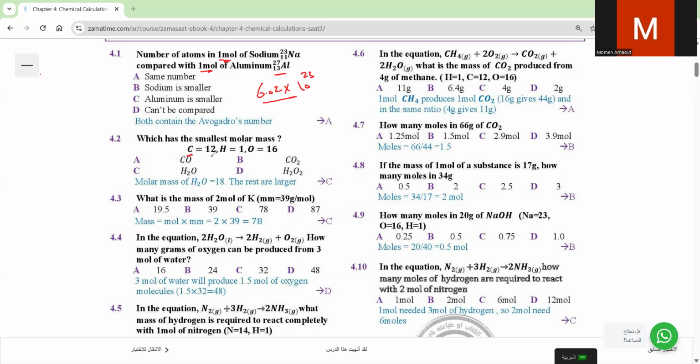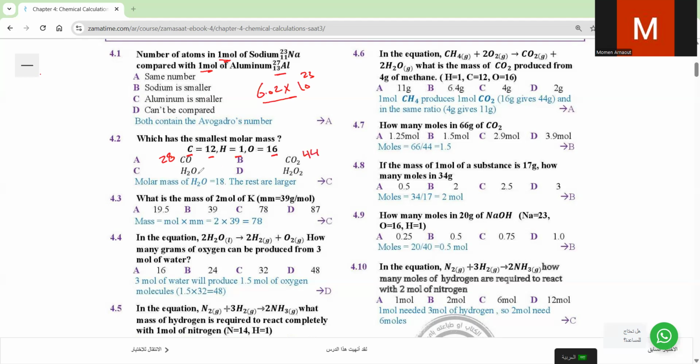The atomic masses are given to you. C, its atomic mass is 12, this is from the periodic table, H is 1, O is 16. So calculate CO: it is 12 plus 16, it is 28. What about CO2? It is 12 plus 32, it is 44.